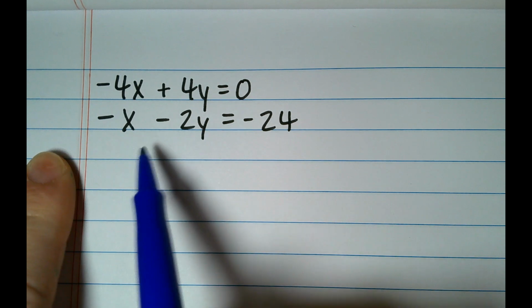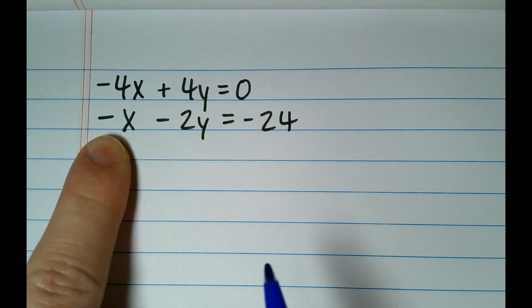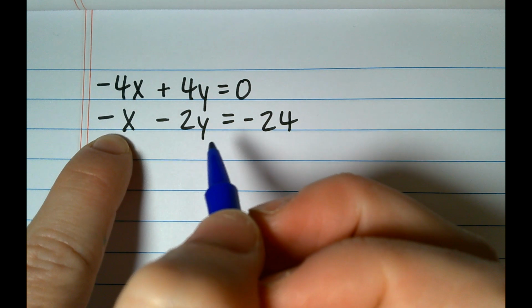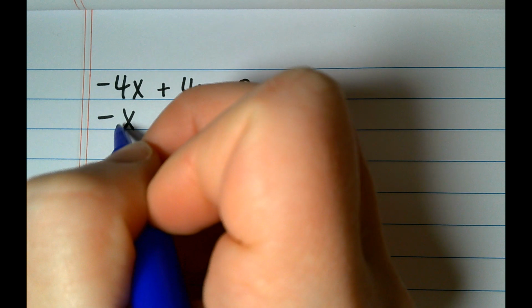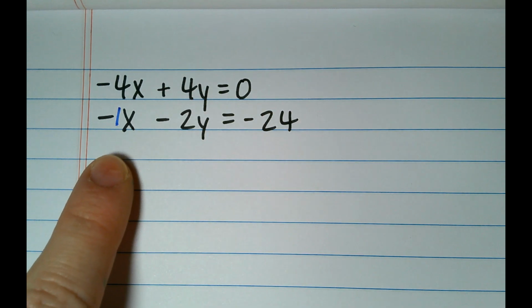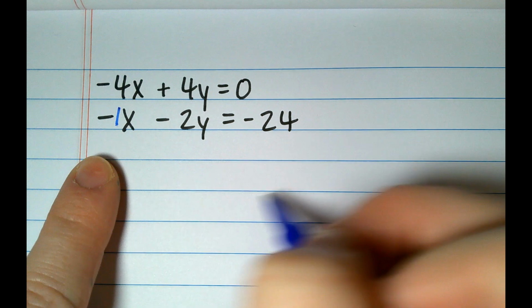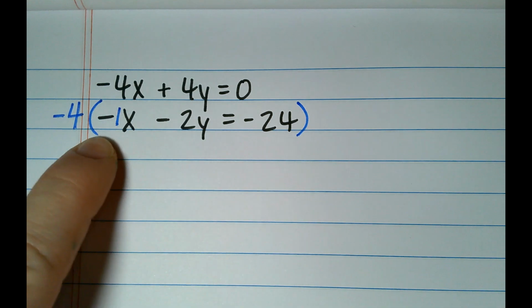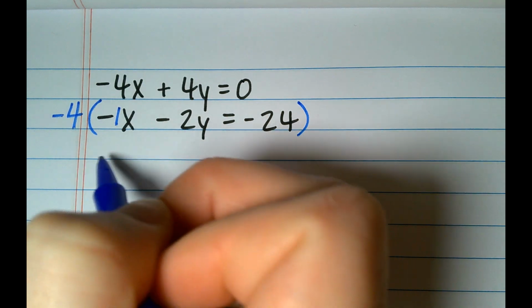So what would I multiply this by to get positive 4? Negative 4. Because negative x is really just negative 1x. Negative 1 times negative 4 gives us positive 4. So this is another option. We could multiply everything by negative 4.